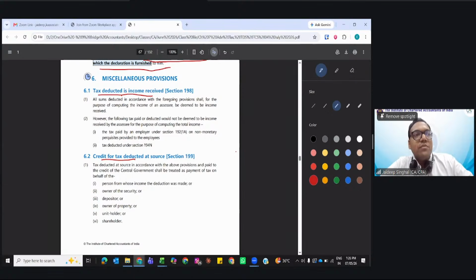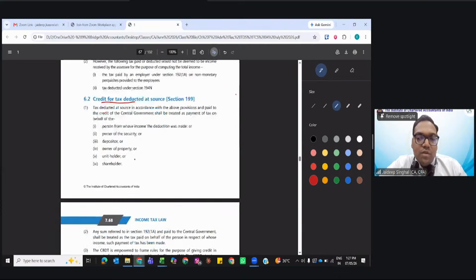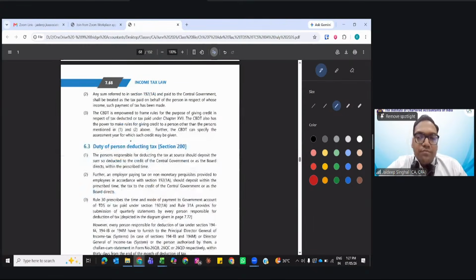I told you. I will be able to take the credit for the TDS deducted for me in Form 26AS. Now, CBDT can make the rules and all.